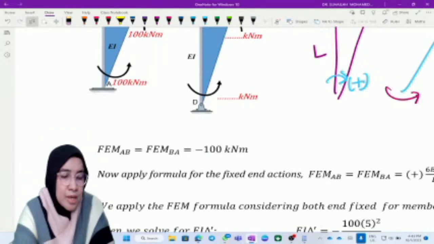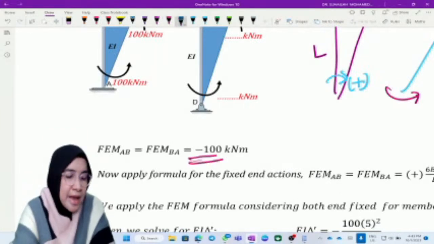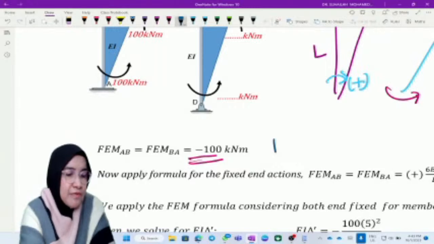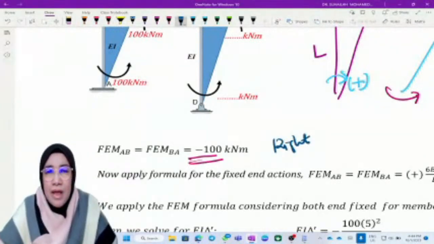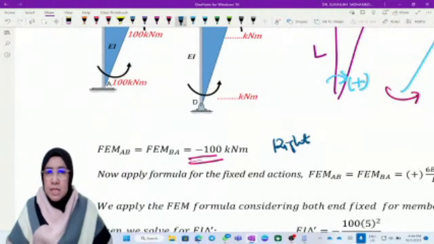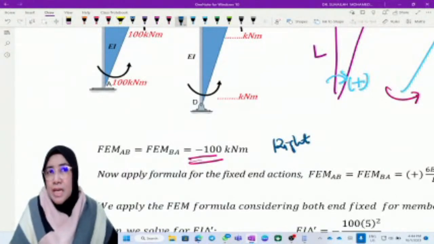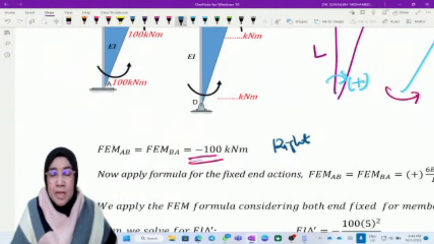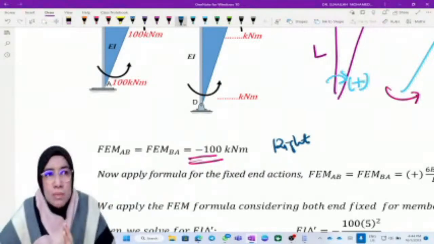If the frame moves to the right direction, it is negative FEM. If the frame moves to the left direction, it is positive FEM. We measure the angle from the original position to the new position.